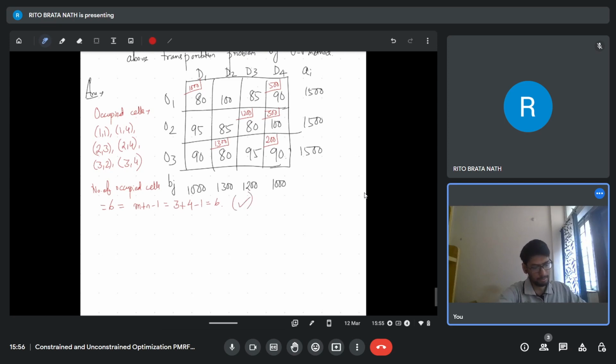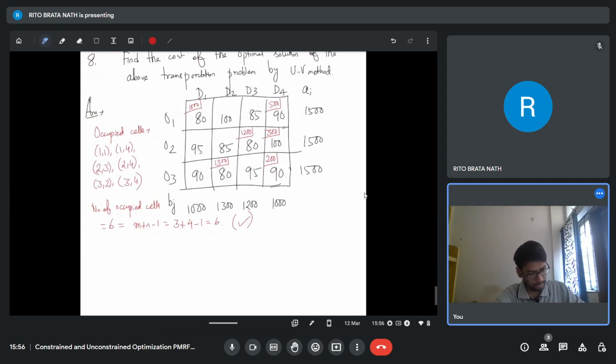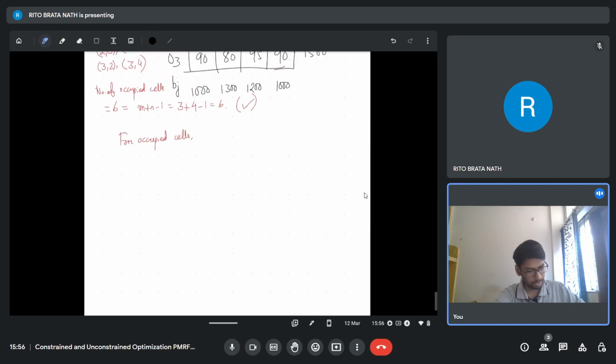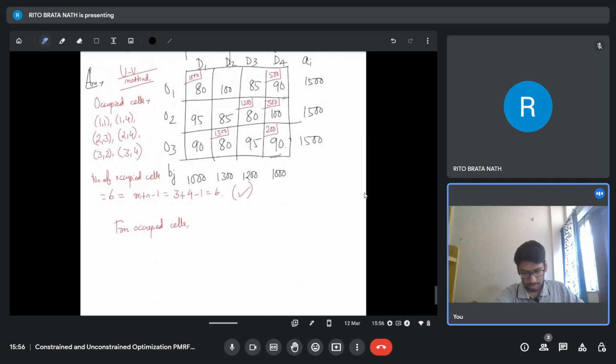And now in UV method, let me write down this UV method. For occupied cells, you have the following equations: U1 plus V1 equals C11, which is 80.